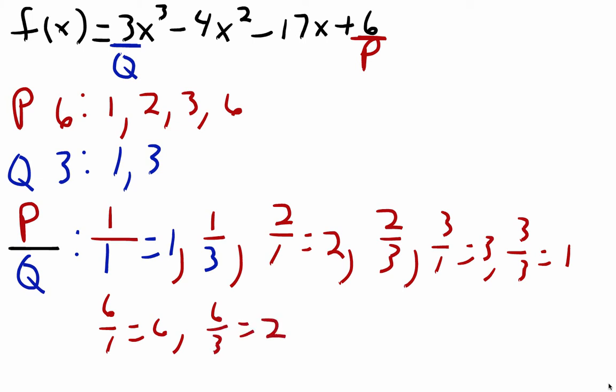Those are all positive, but we also have to do the opposite. So really we have 1 and negative 1, 1/3 and negative 1/3, 2 and negative 2, so we're going to list all those.